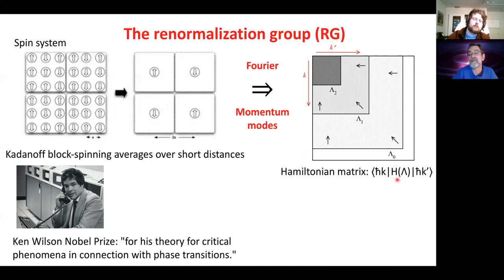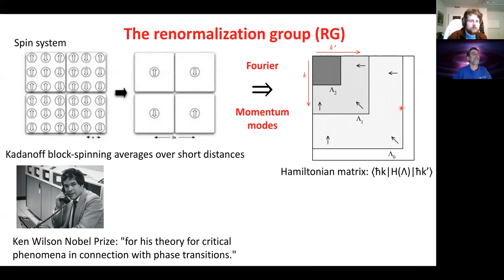But in doing so, we're going to change the Hamiltonian at each little step such that the eigenvalues, the observable quantities at low momentum, don't change. So we're going to take this big matrix here and reduce it down until eventually we have a small matrix like this. That step-by-step change is like a differential equation.